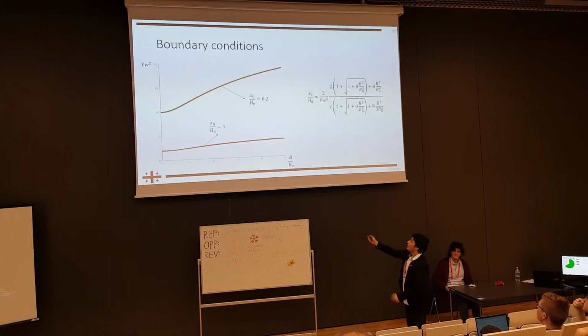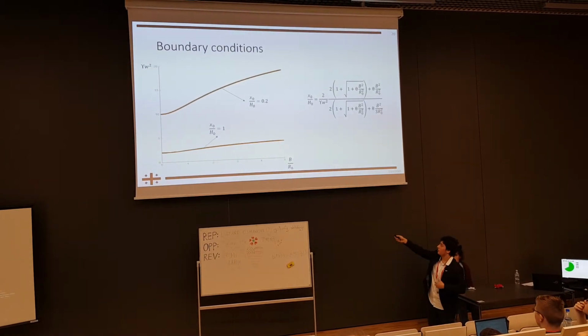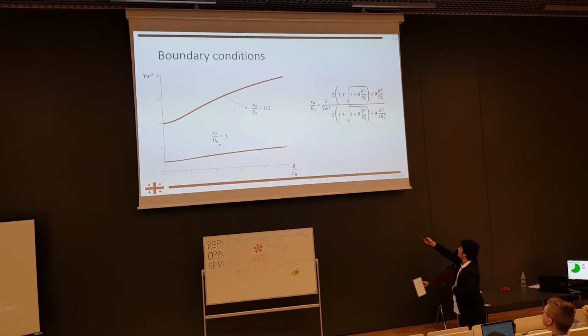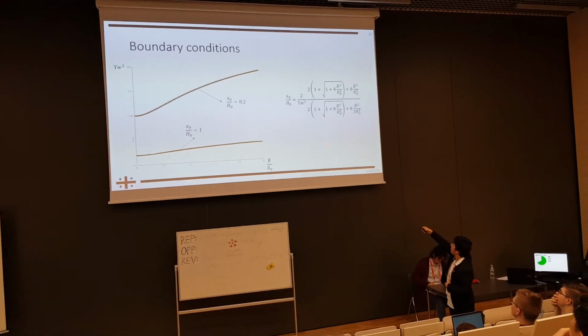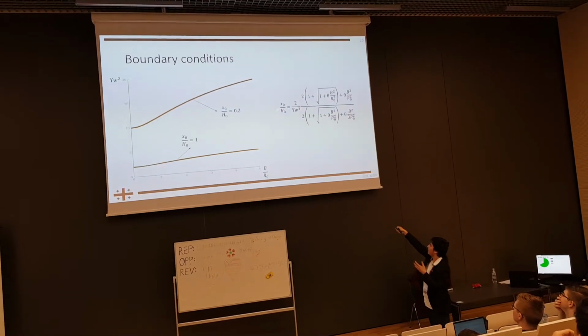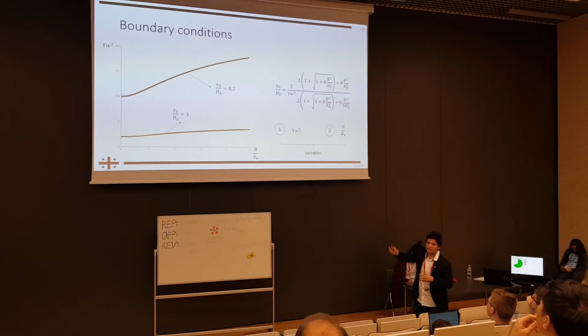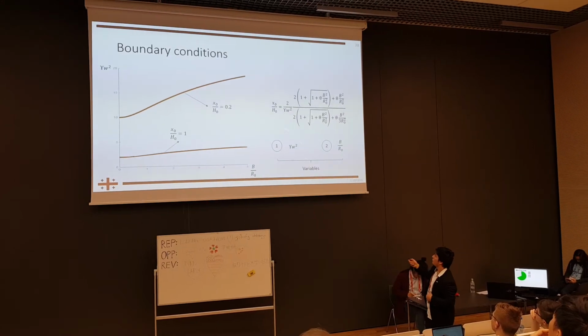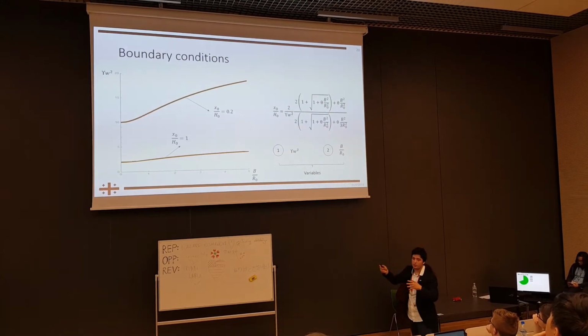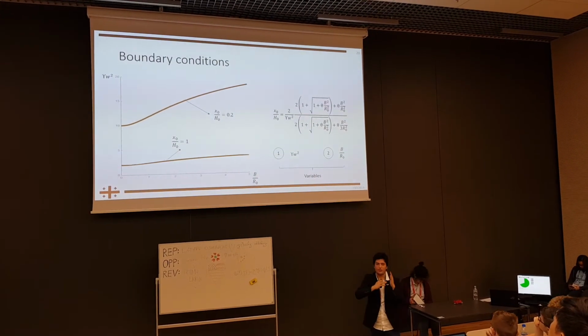Okay, now I have to talk about the boundary conditions. Of course, we have to take the critical depth equation. And as we see, for different ratios of the critical depth and height, we have to take these two variables. Actually, they are the variables which sinking is dependent on.